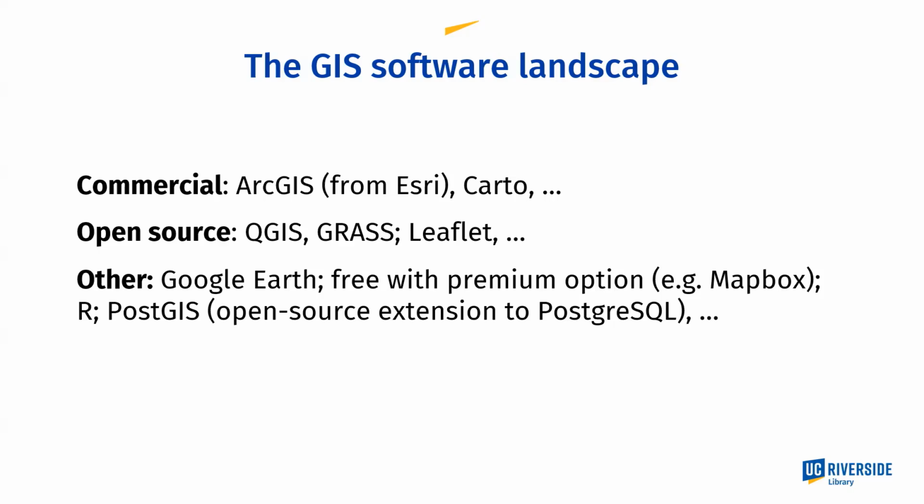And then I've got PostGIS there, which, if you're familiar with relational databases, is an open source extension to PostgreSQL. So you can also do mapping and analysis with that. So lots of variation there.